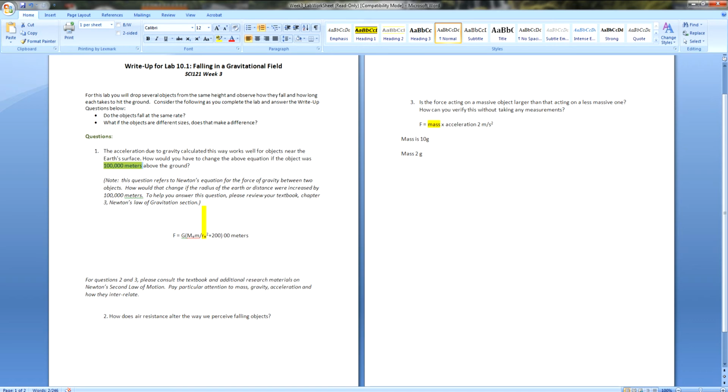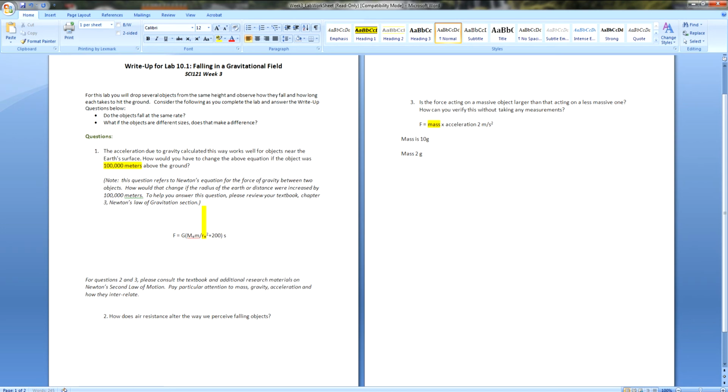So in this question, I don't expect to see any sentences, any explanations. Just write down the equation. And the example I have given here is pretty straightforward.